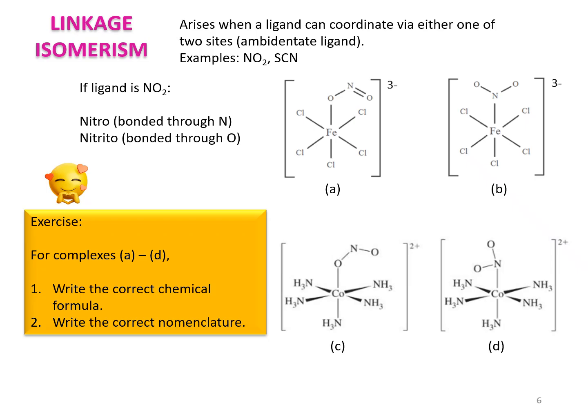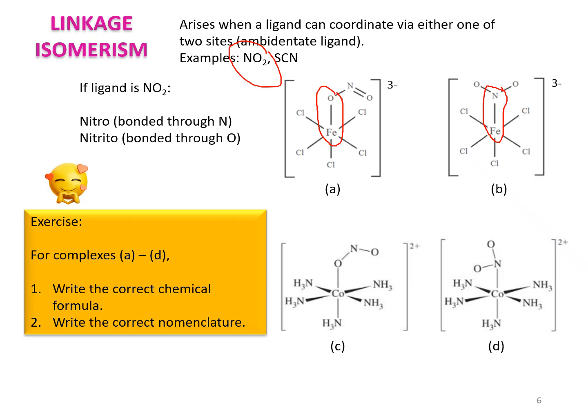Now take for example a nitro ligand. If the nitrogen is the donor atom coordinating to the metal, and at the same time, in another complex, the oxygen can also become the donor atom and coordinate to the metal. This is what we call linkage isomer, where one ligand can have different coordination sites to form coordination bonds.